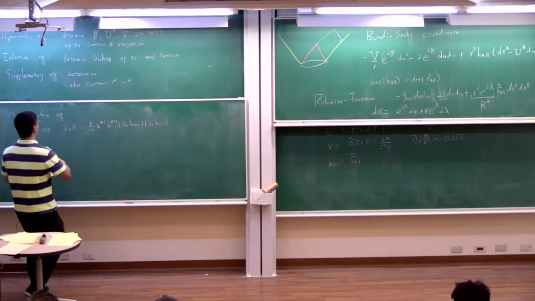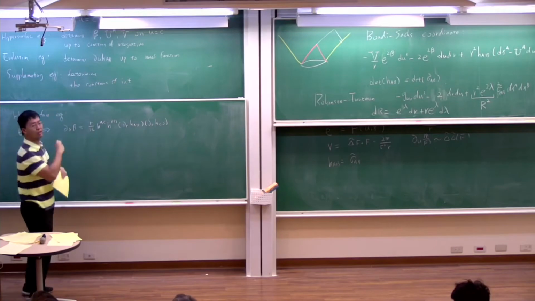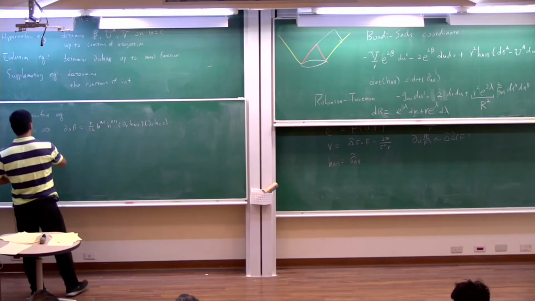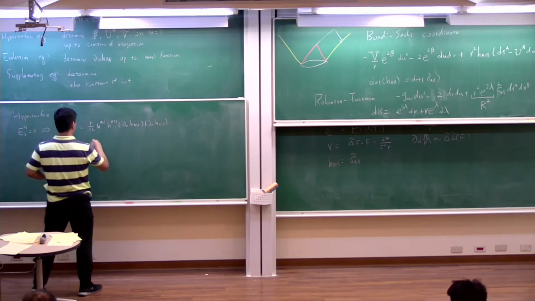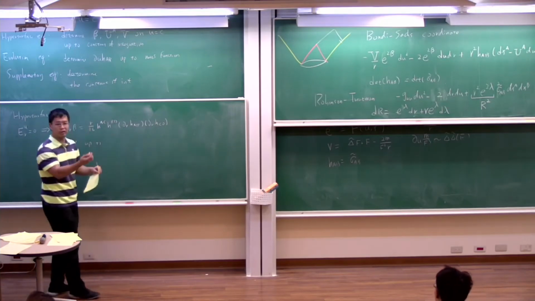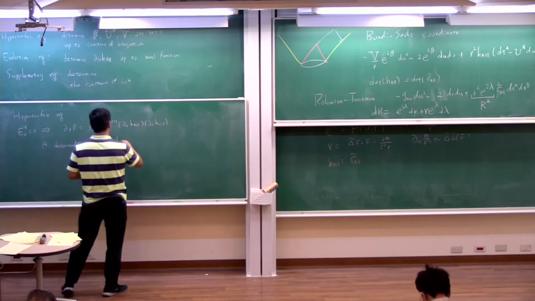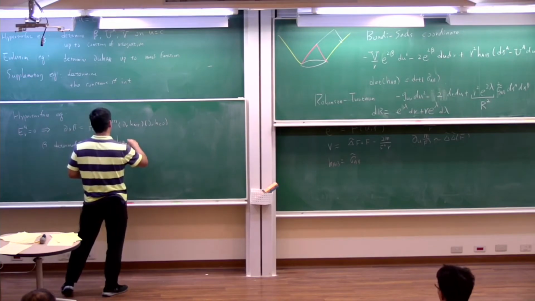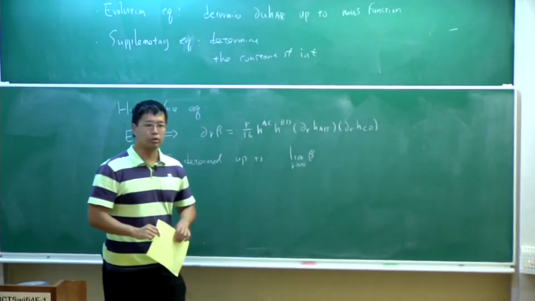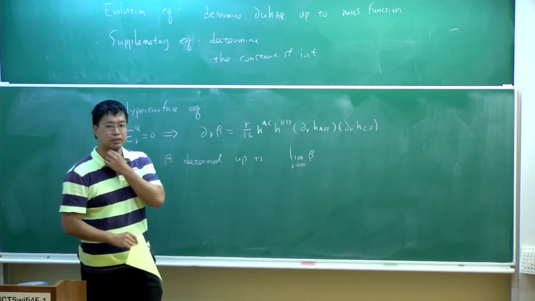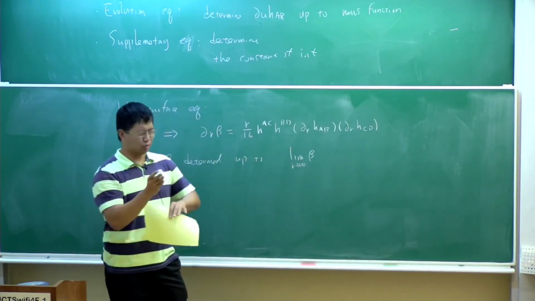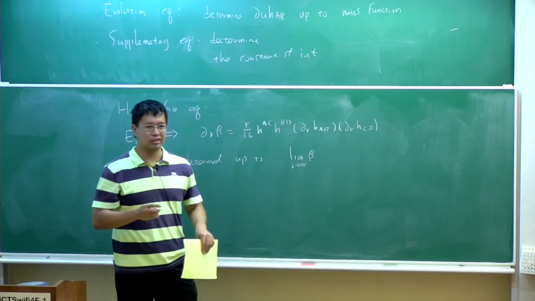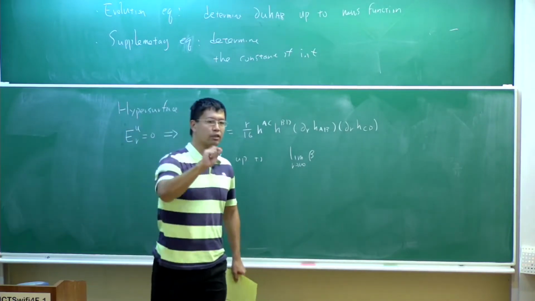So beta is determined up to its order 1 term in R, or its limit as R goes to infinity along a fixed radial direction.